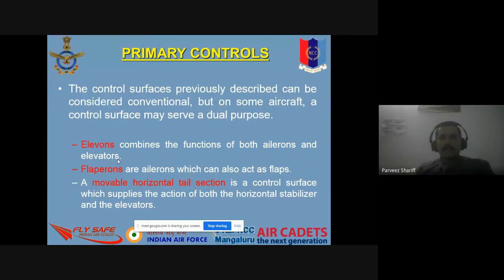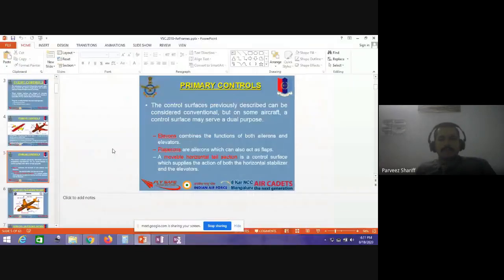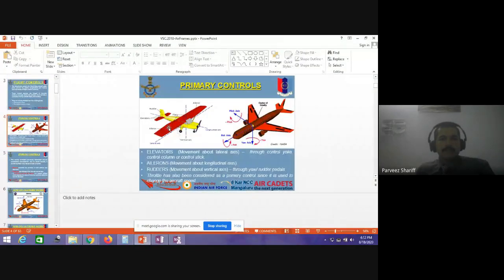And in some aircraft the ailerons and flaps are connected, and they are called flaperons. For example, in the previous aircraft, there are no separate ailerons and flaps. It's a complete single structure.